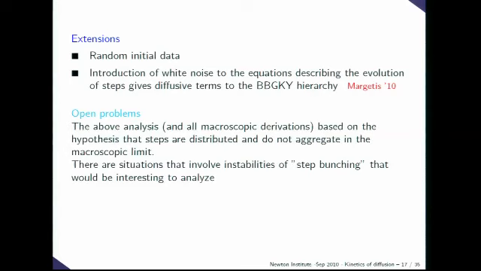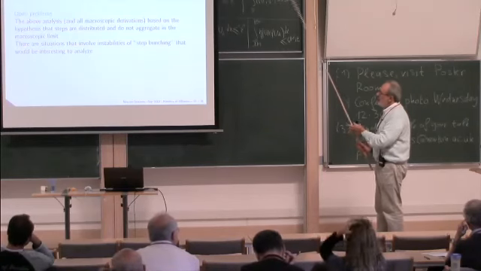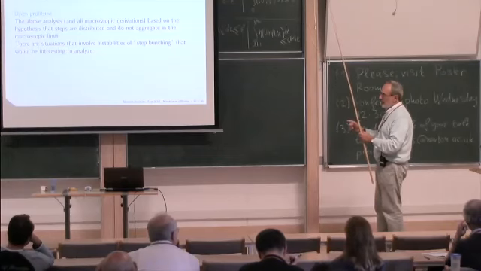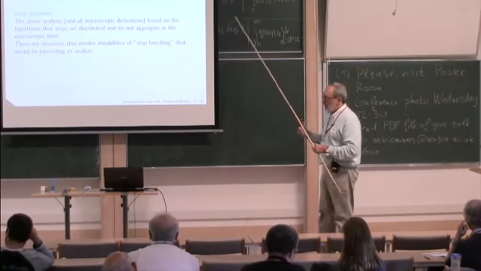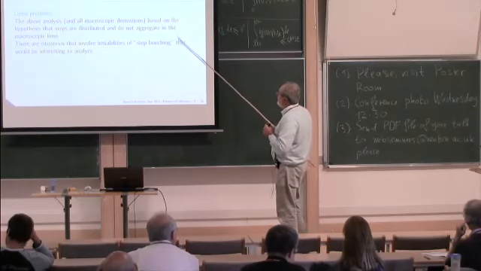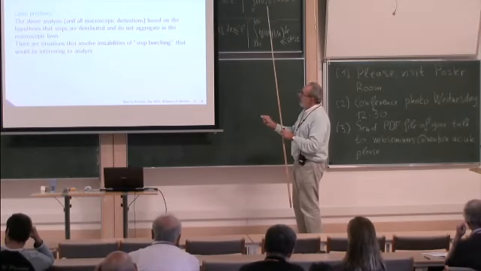And as I said, okay, this analysis is formal in the sense that there is a hypothesis in the background that the steps are distributed and do not aggregate as you approach the limit. Okay, and this, of course, in the diffusion problem, it will be the case. This is what you expect to happen. But there are problems in this area where the steps may aggregate.